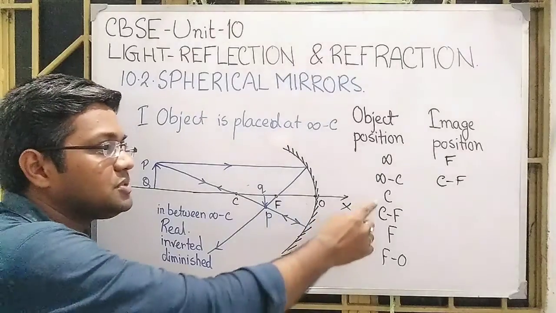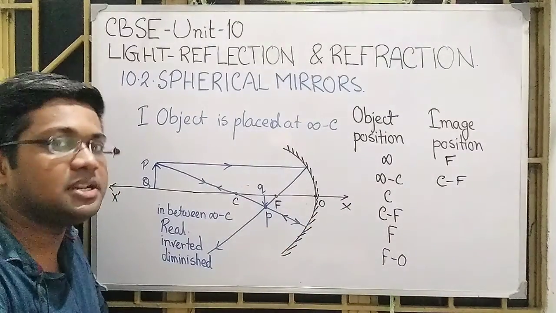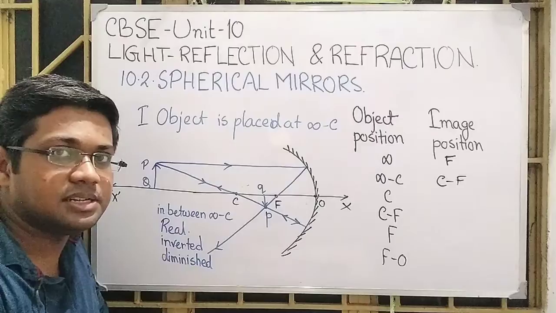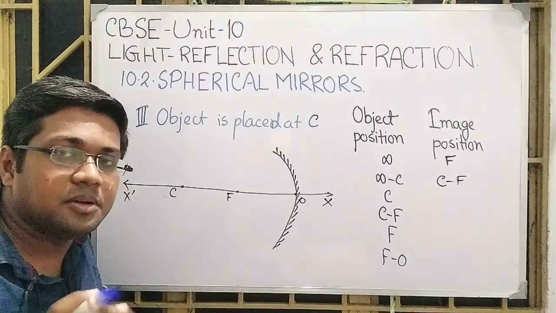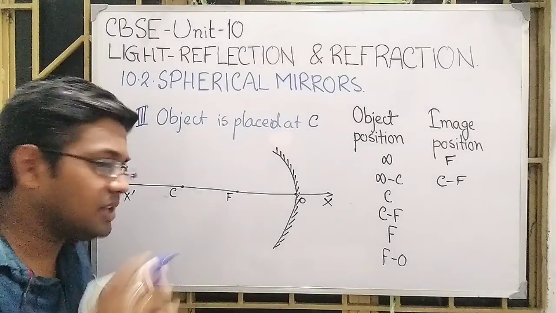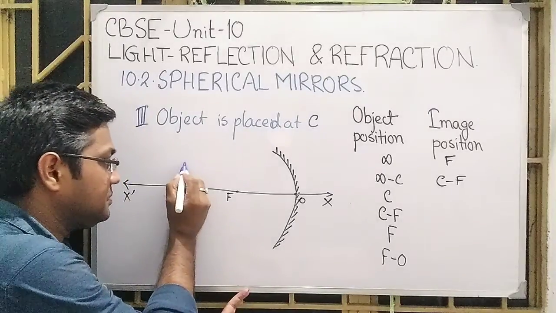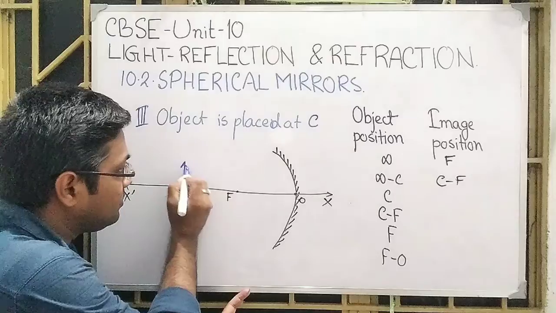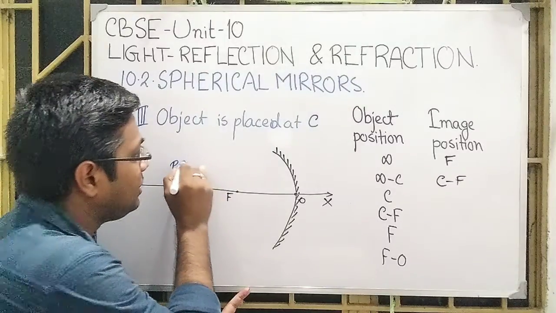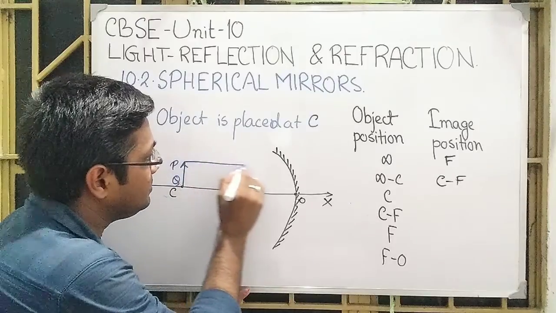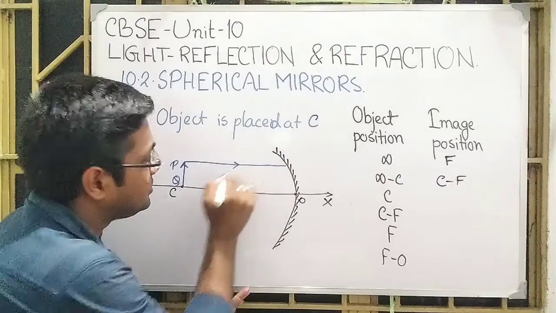Let us move to the next one. If the object is placed at the center of curvature, now if the object is placed at C, the light coming from the point P strikes the mirror.